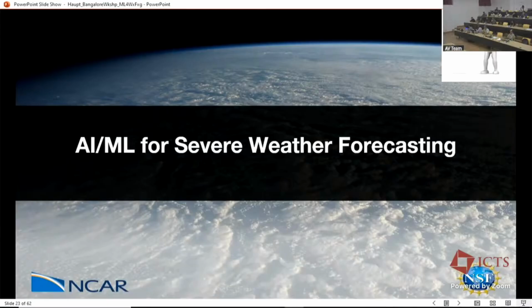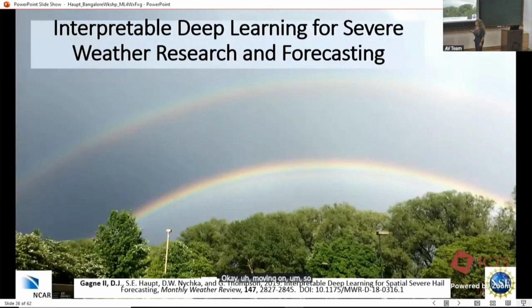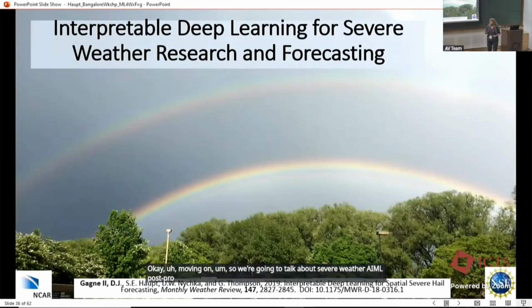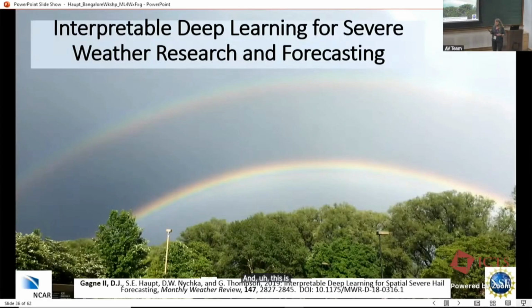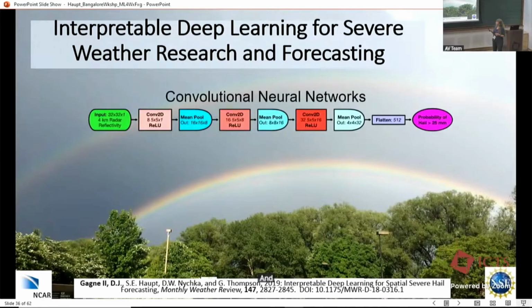No. Okay, moving on. So we're going to talk about severe weather AI/ML post-processing. And this is work done by David John Gagne when he was my postdoc back in 2017, published in 2019. And it was one of the first interpretable or explainable papers that came out in the atmospheric sciences. And he used a convolutional network to take radar data.